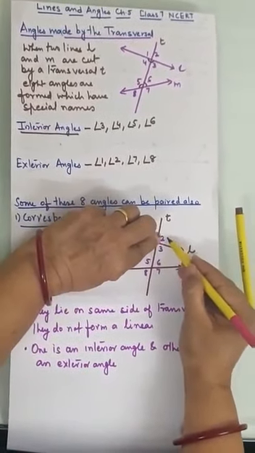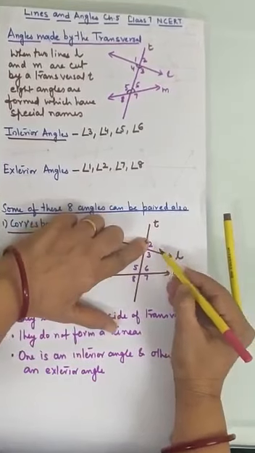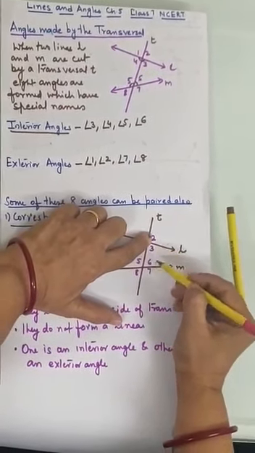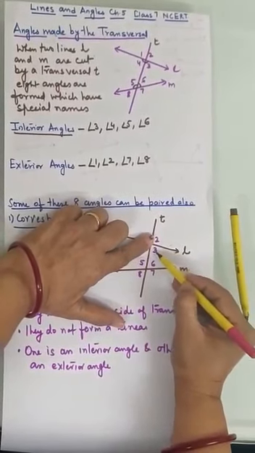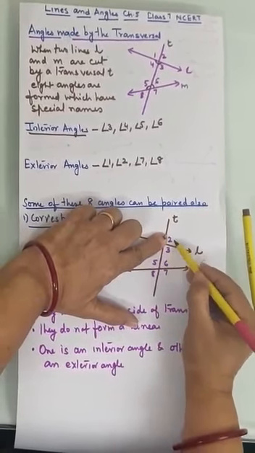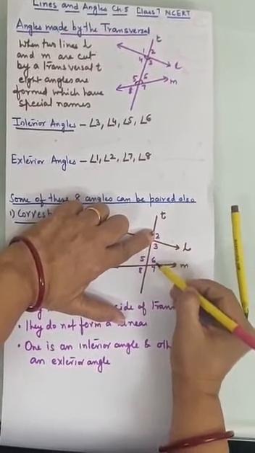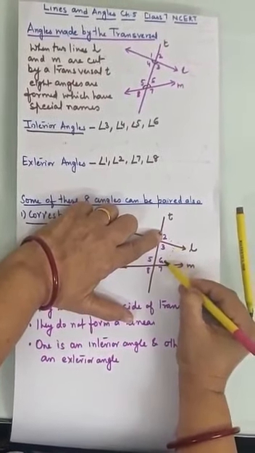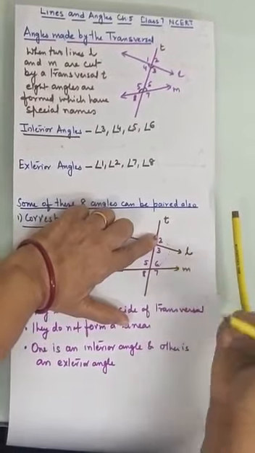This is exterior, so it will have another in pair, another will be interior angle, but we cannot take 3 because they are forming a linear pair. So another interior angle is 6. So this 2 and 6 make a pair of corresponding angle.